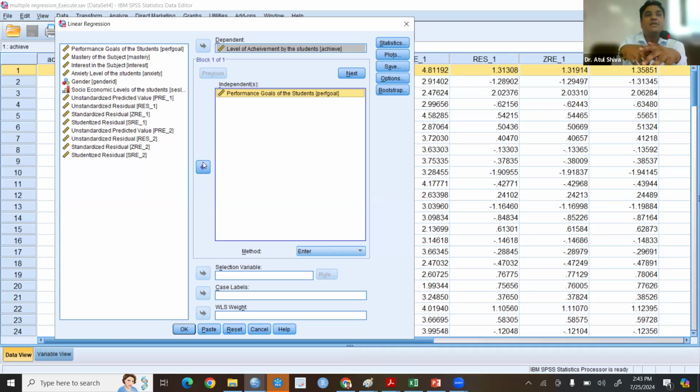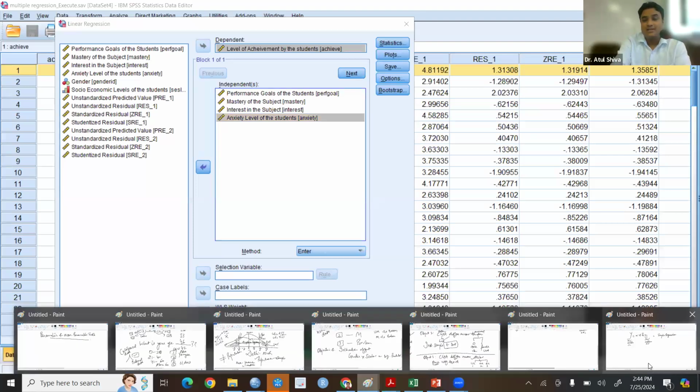But if I am working with more than one independent variable, I am talking about multiple regression. For example, I add mastery of the subject, interest of the subject, and anxiety level of these students. So these are four independent variables, and I am talking about multiple regression.